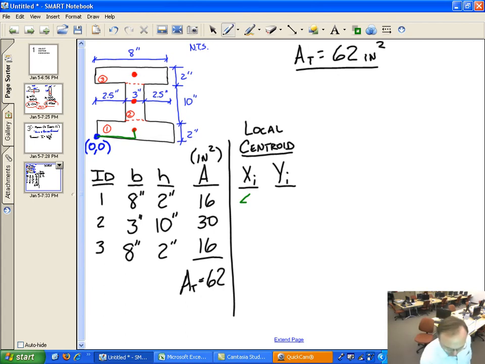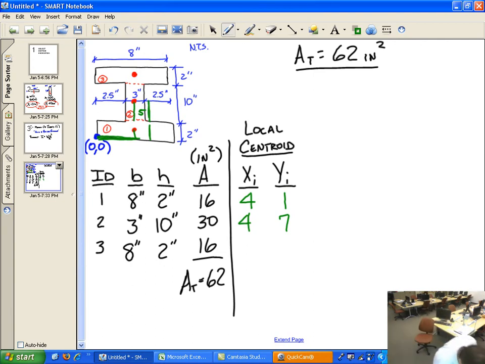What about 2? Well, we know we're 5 up here, so we're going to be 4 over once again, and up 2 plus 5 makes 7 to get to the center of that individual piece.